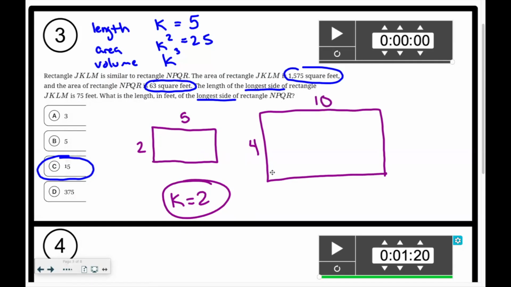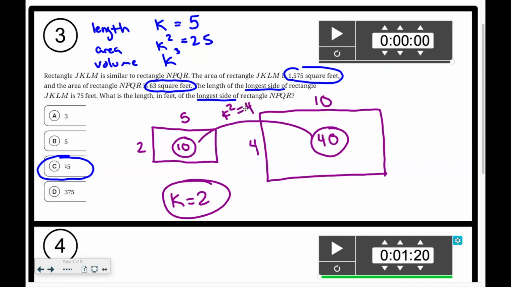If I figure this out the long way, the area of this is 10 and the area of this is 40. The area got multiplied by 4, which is 2 squared, k squared. And that'll always work out.